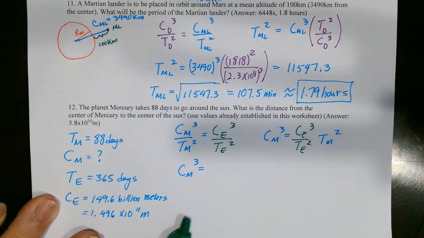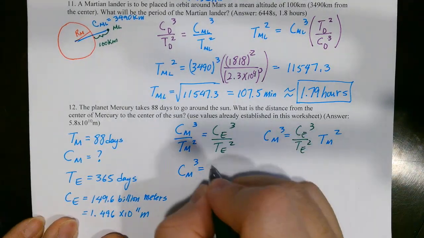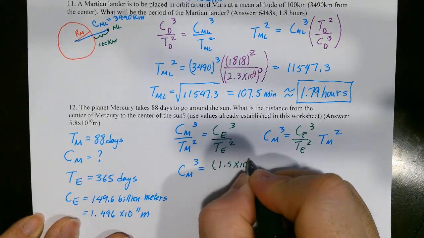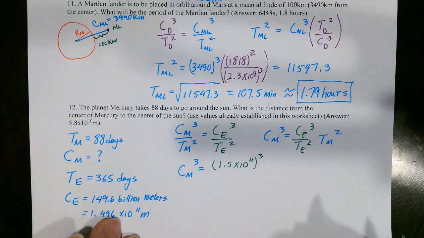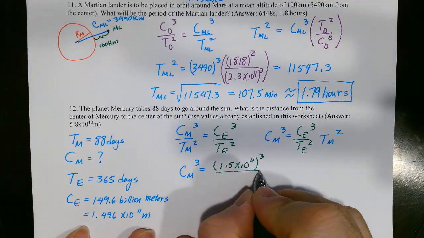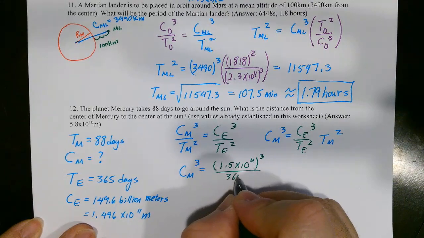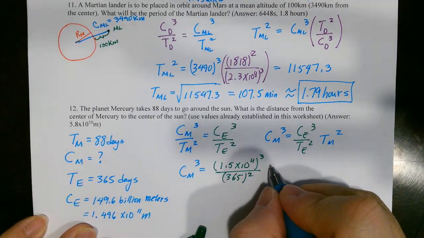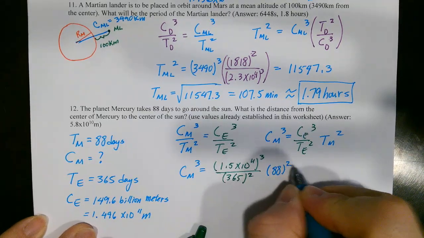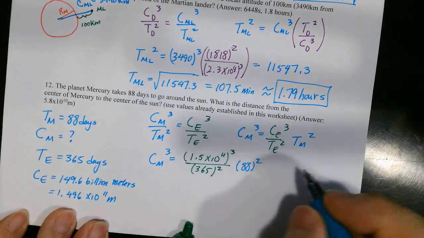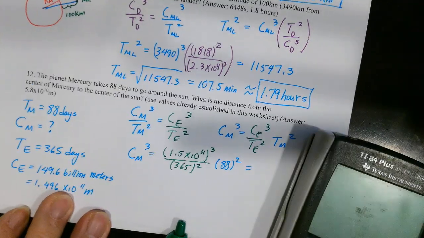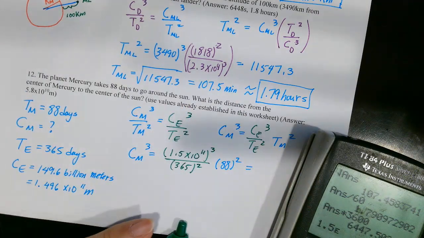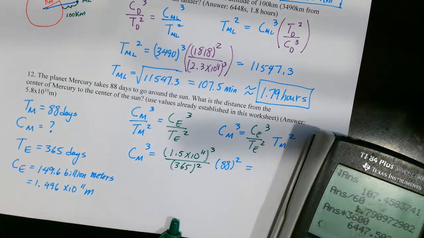So let's put some numbers in there. C Earth, so that is 1.5 times 10 to the 11th cubed, right? Divide that by T Earth, 365 days squared times 88 days squared. All right. So if you work that out, you're going to get 1.5 EE. Again, I forgot to put that in parentheses.